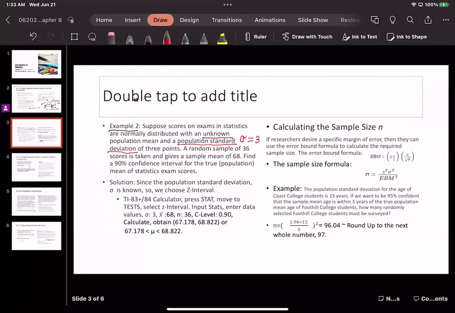We can use the definition and algebra formula to get it, or just use technology such as a TI-83 plus or TI-84 calculator.